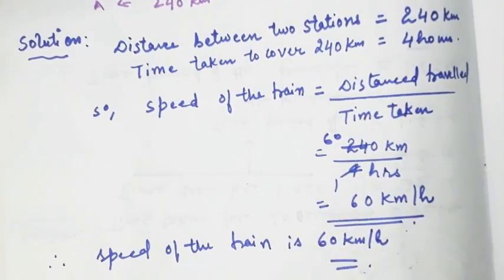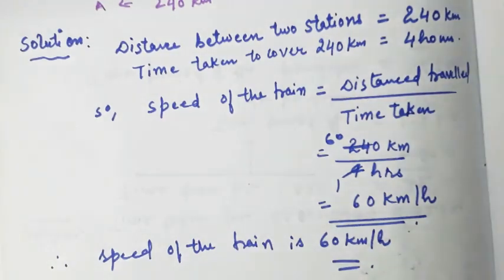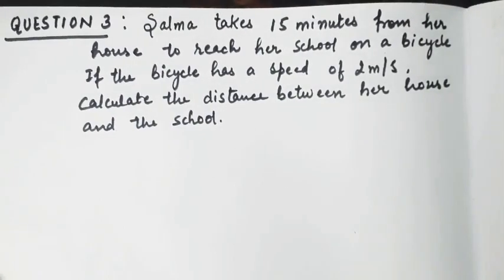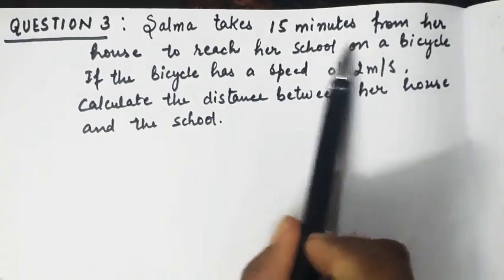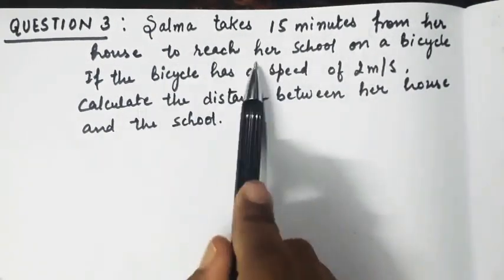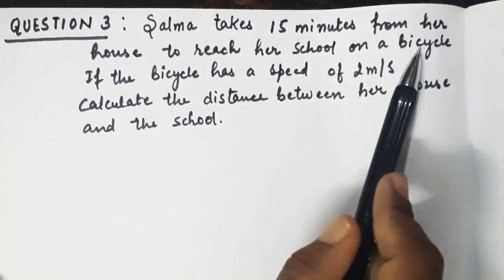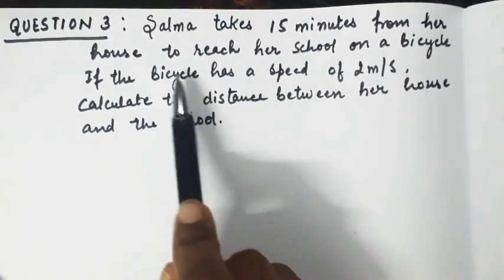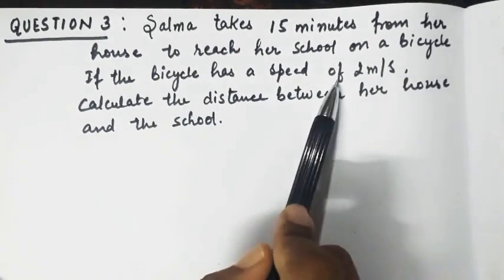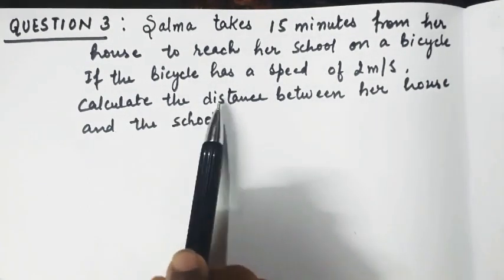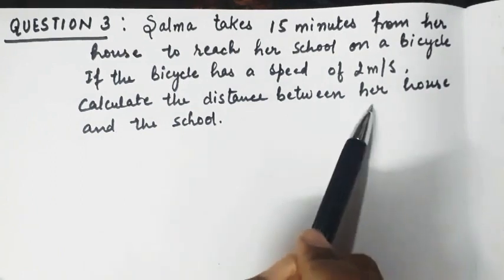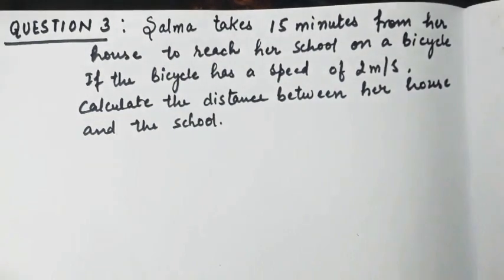Okay, let's move to the third question. So here is question number 3, which says that Salma takes 15 minutes from her house to reach her school on a bicycle. If the bicycle has a speed of 2 meters per second, calculate the distance between her house and the school. Listen, what is given in this question?